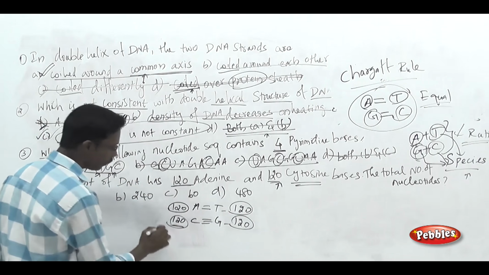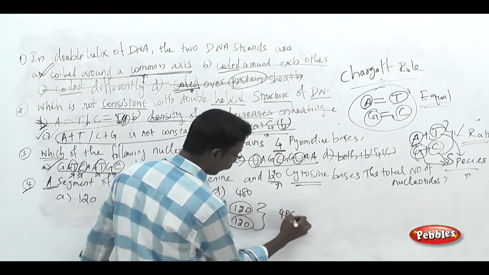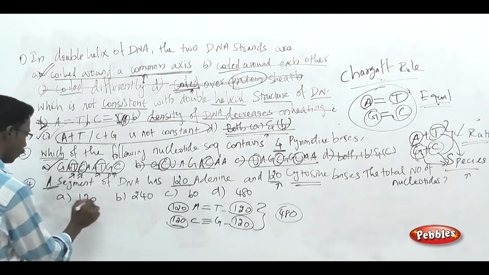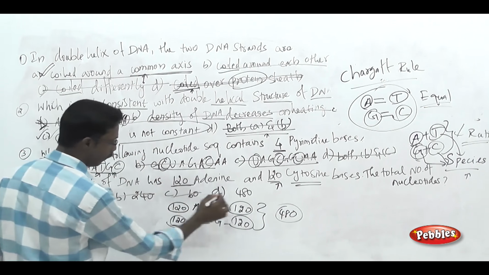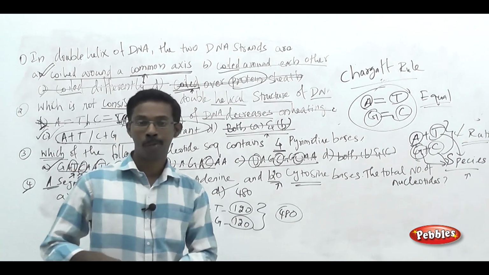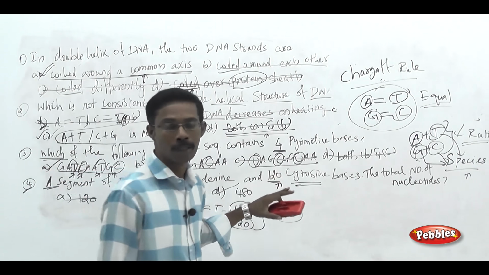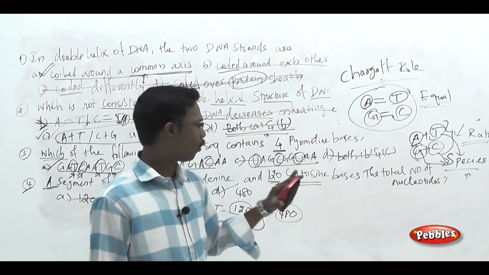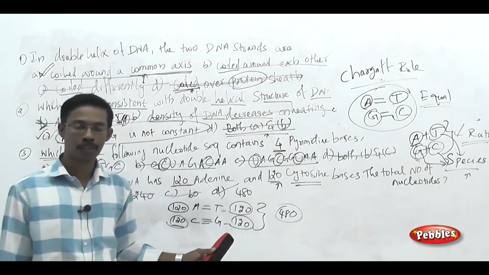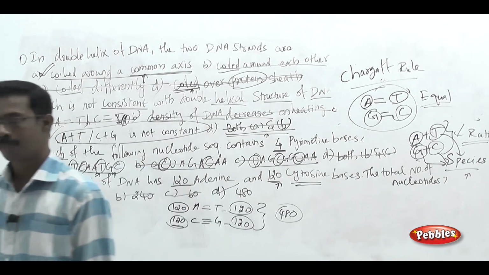The sum of 120 plus 120 plus 120 plus 120 is 480. So 120 is the wrong answer, and so are 240 and 60. The answer is 480. This is how you have to select the answer for the questions you can expect from the topic nucleic acids. In the next classes we are going to see questions from some other topics from biomolecules.